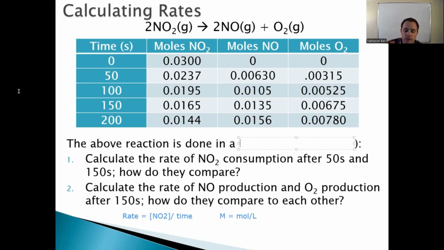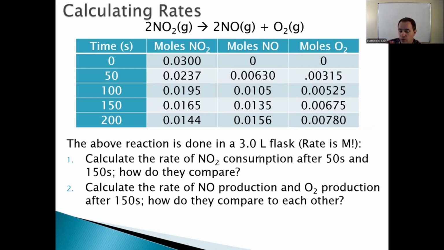So the first thing we're going to do is calculate the rate of NO2 consumption after 50 seconds, and before that we need to turn these into concentrations. We're looking at the NO2. We need to divide these 2 values by 3.0 liters to turn them into concentrations.